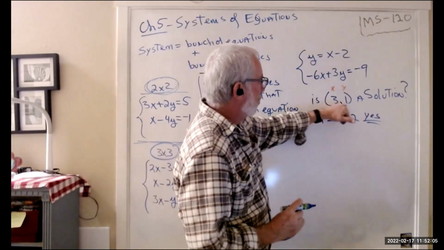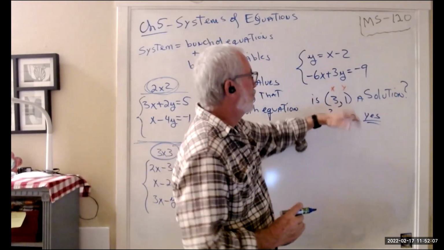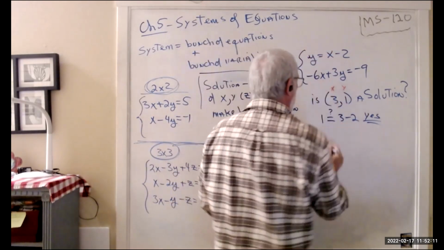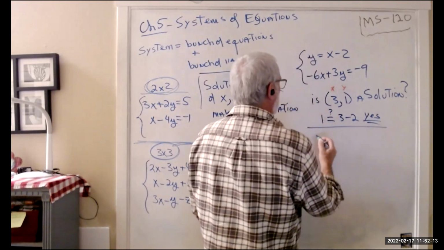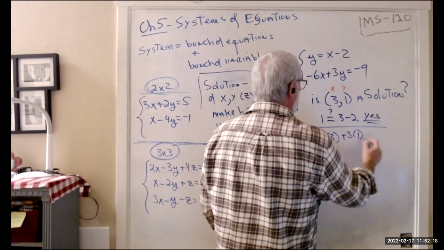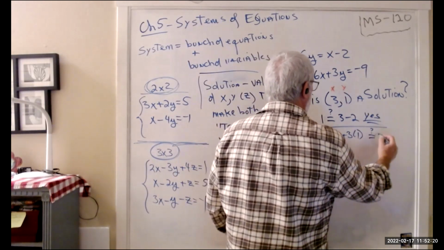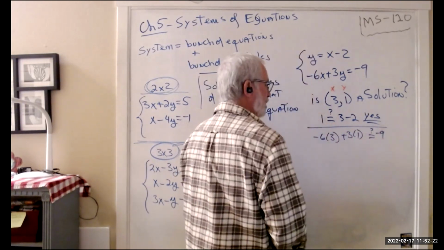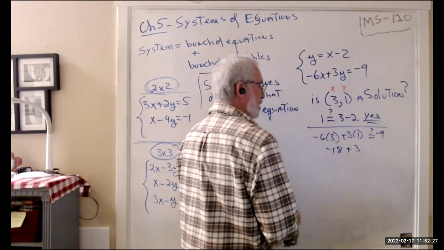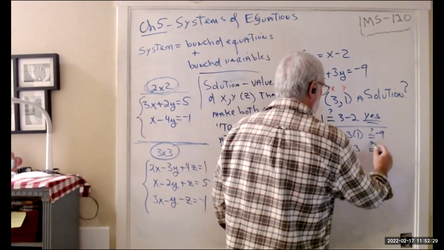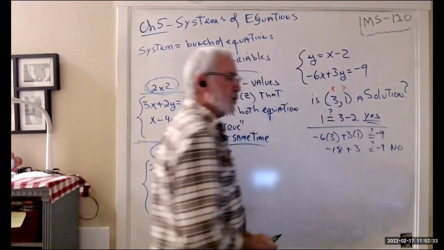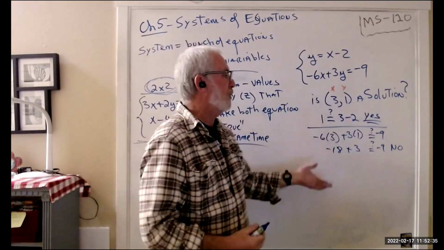This (3, 1) is a solution to the first line, but when you plug it into the second one, you get -6 times 3 plus 3 times 1. Does it equal, question mark, -9? So this is -18 plus 3. Does it equal -9? No. You could do all this work in your head.